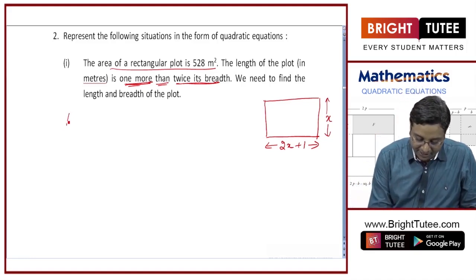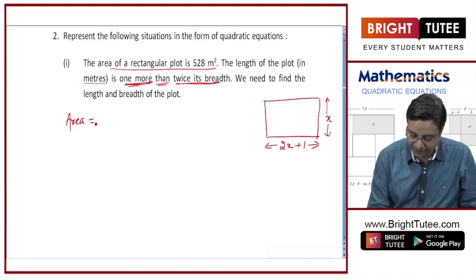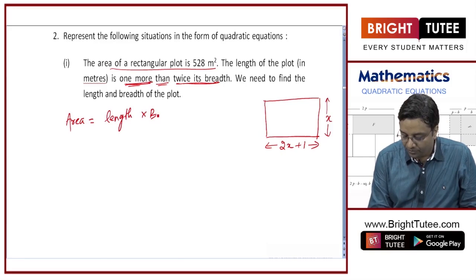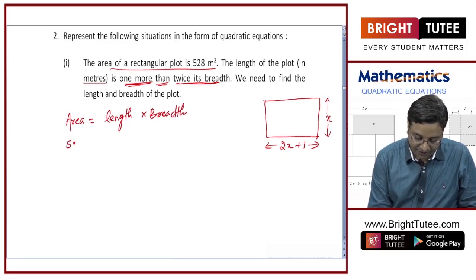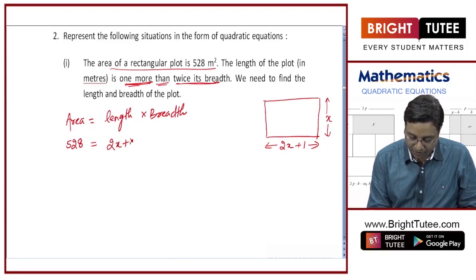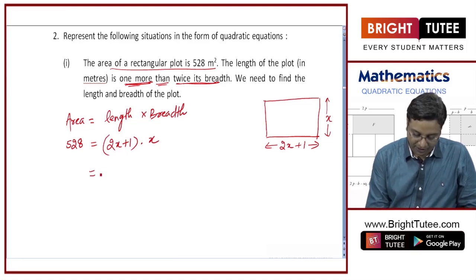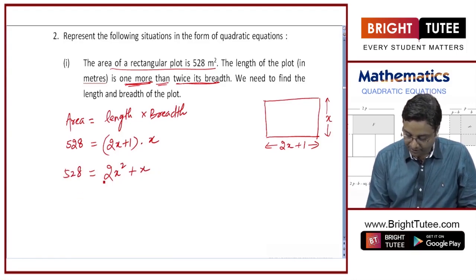So what is area of a rectangle? It is length into breadth. So area given is 528, and what is my length here? It is 2x plus 1, and what is the breadth? It is x. So when I solve it, it will give me 2x square plus x, 528, right? Length into breadth.